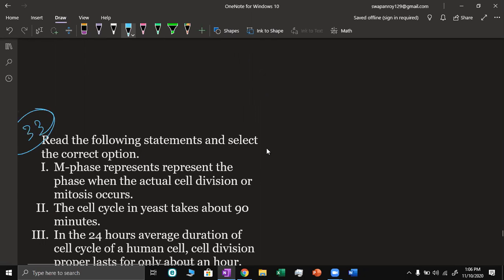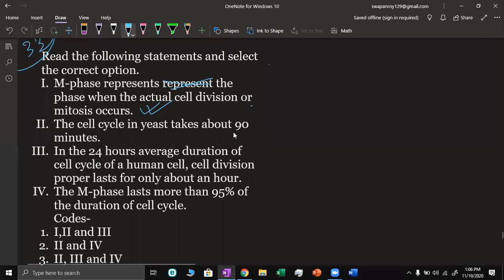Read the following statements and select the correct option. M phase represents the phase when the actual cell division or mitosis occurs. Yes, this is true. Cell cycle in yeast takes about 90 minutes. Yes, this is also true. In the 24-hour average duration of cell cycle, human cell division proper lasts for only about 1 hour.